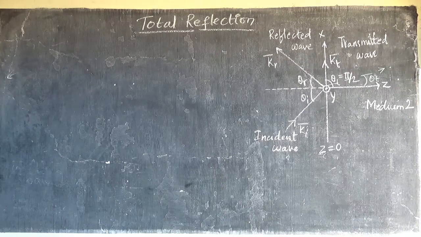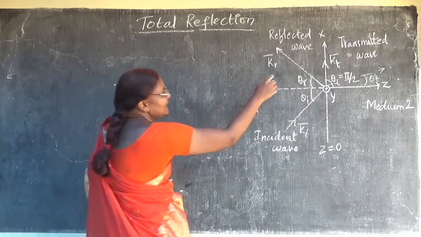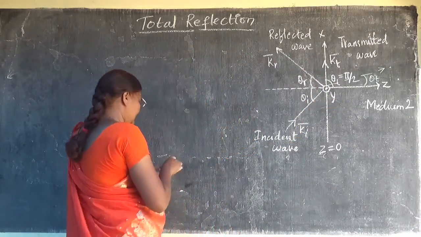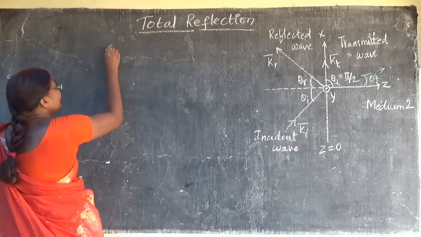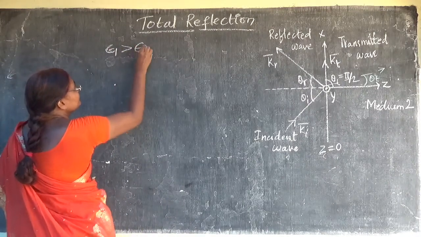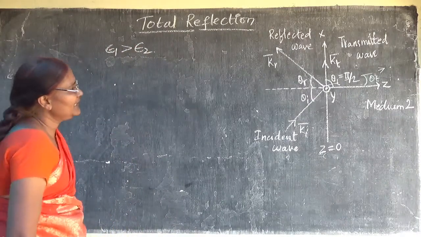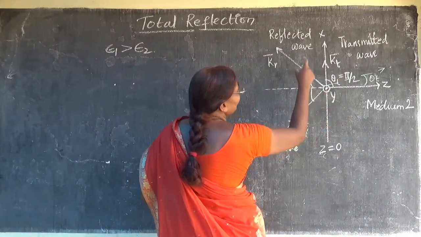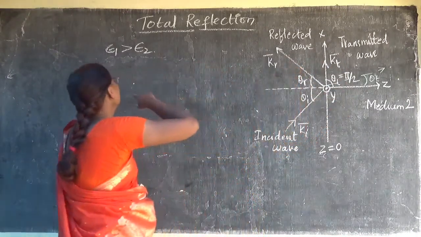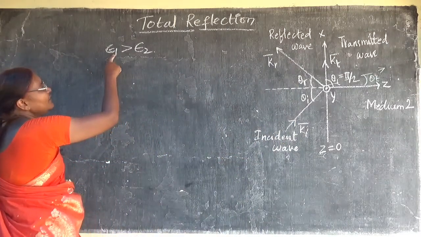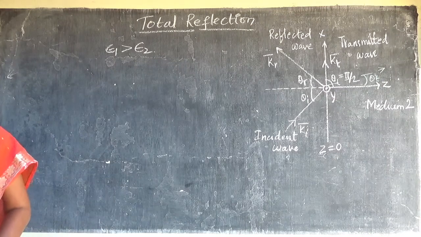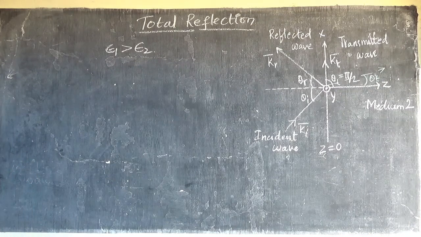So if medium 1 is denser than medium 2, it means epsilon 1 is greater than epsilon 2. That is the actual meaning.